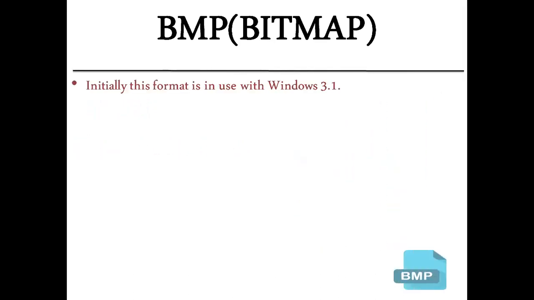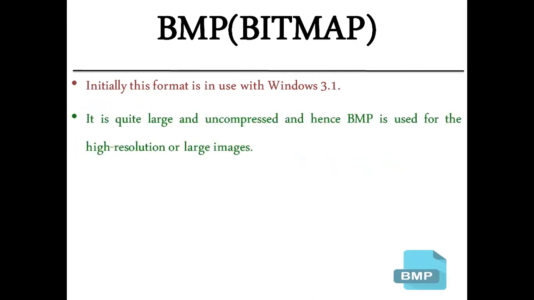Initially, bitmap format was used in version 3.1, Windows 3.1. It is quite large and uncompressed. So they say this image format is uncompressed. Since it is uncompressed, its size is very large, so its resolution is very high.